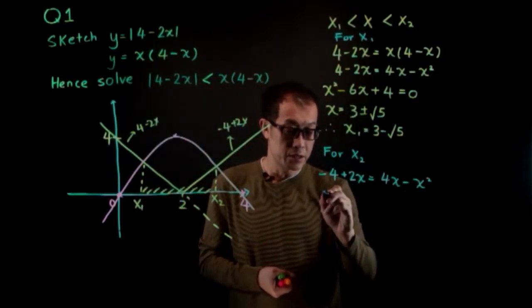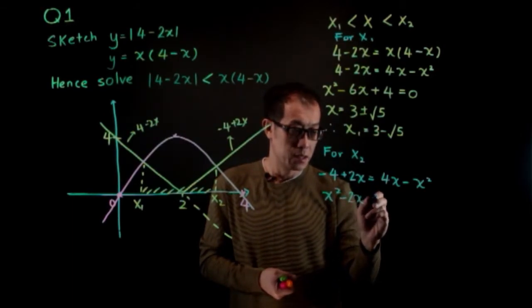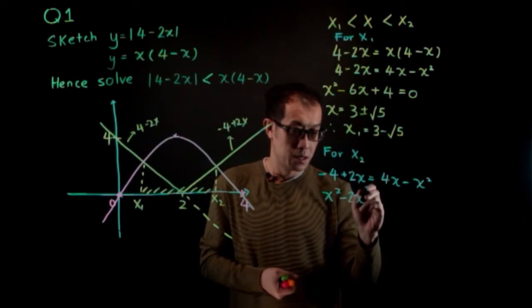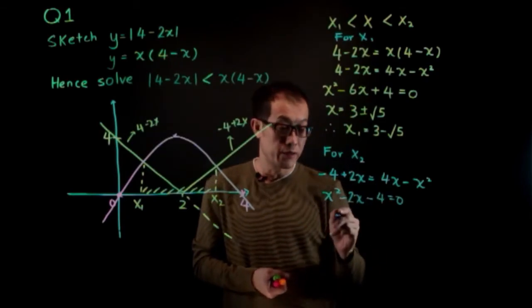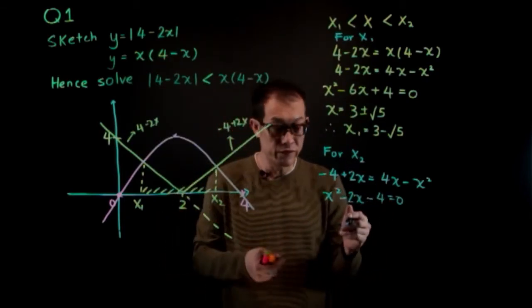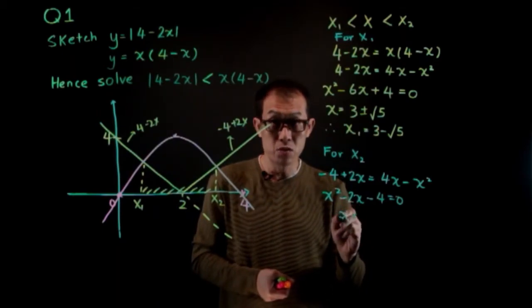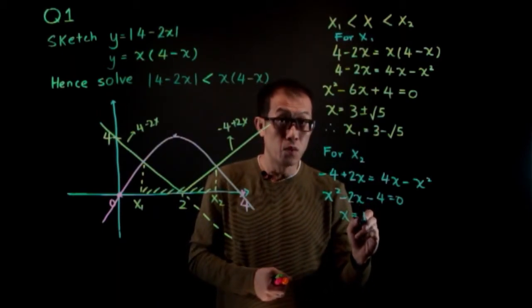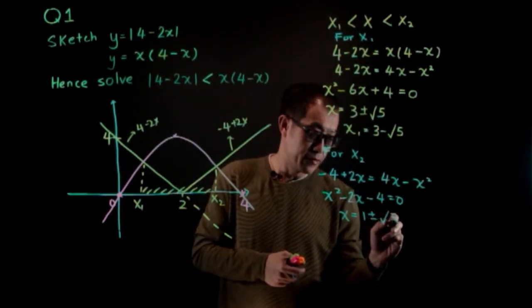Let's rearrange this. You get x squared minus 2x minus 4 equals 0. Now if you go on to solve for the value of x, you have x equals 1 plus minus root 5.